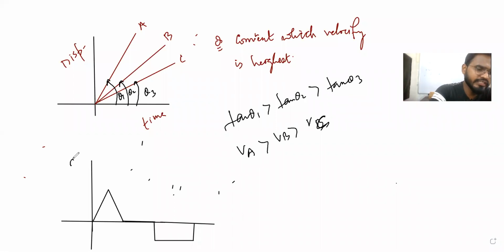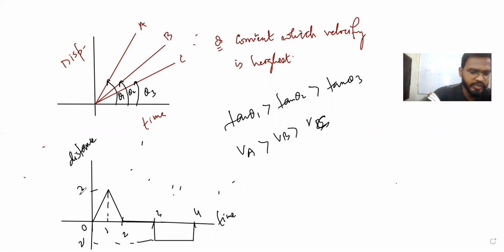Now it is a distance time graph. This is 0, this is 1, this is 2, this is 3, and let's consider this is 4 seconds. This is 2 and this is 3 meter per second.